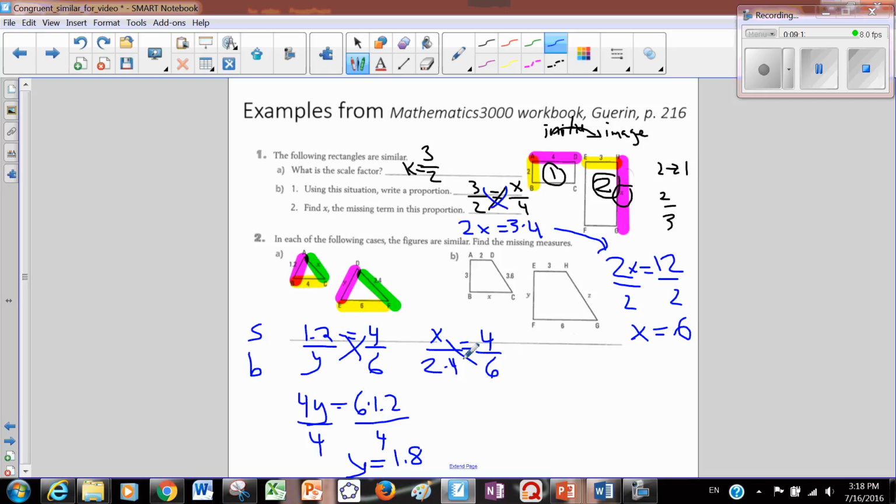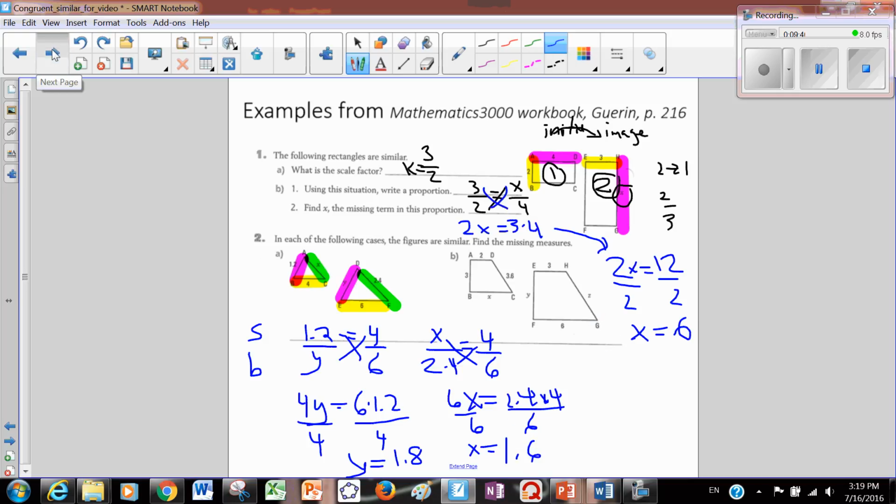So again, peanut method, I know 6x is equal to 2.4 times 4. So 2.4 times 4. And then you divide by 6 to get your answer. X is equal to, so 2.4 times 4, that's 9.6. Divided by 6, you get 1.6.